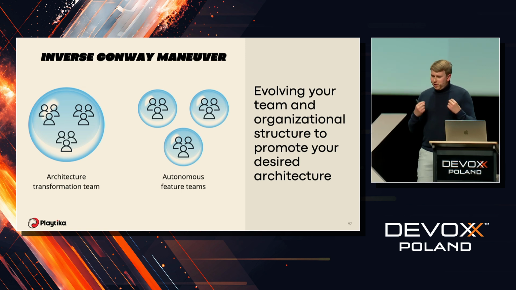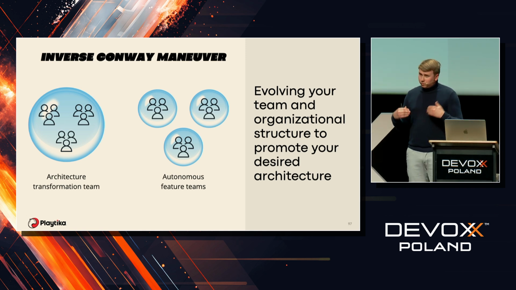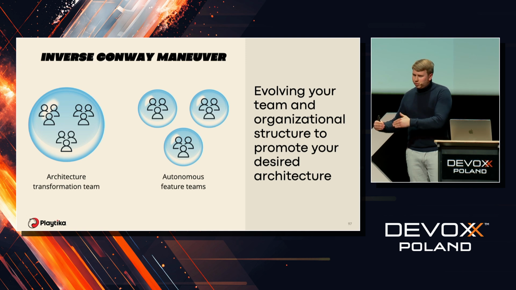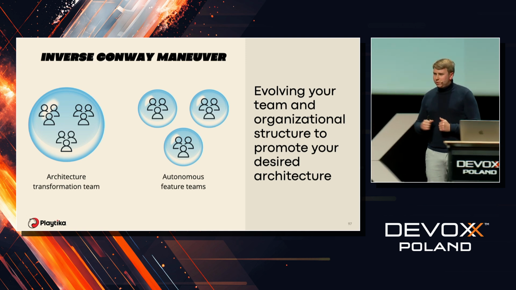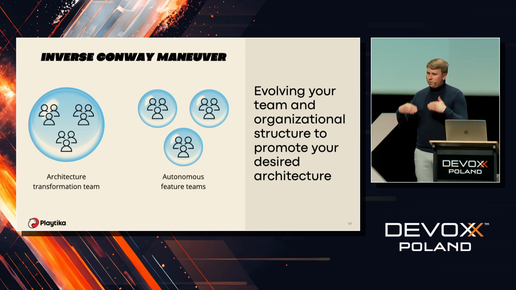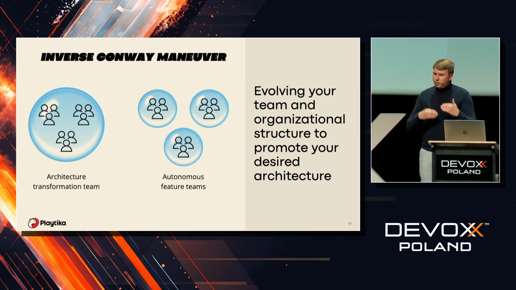So we created the architecture transformation team, which is supposed to build those toolkits and prove them. So create those components, try to use them, implement them in some features, make them stable, and provide those components to the feature teams. And feature teams should be focused on business logic mostly, reusing those components.